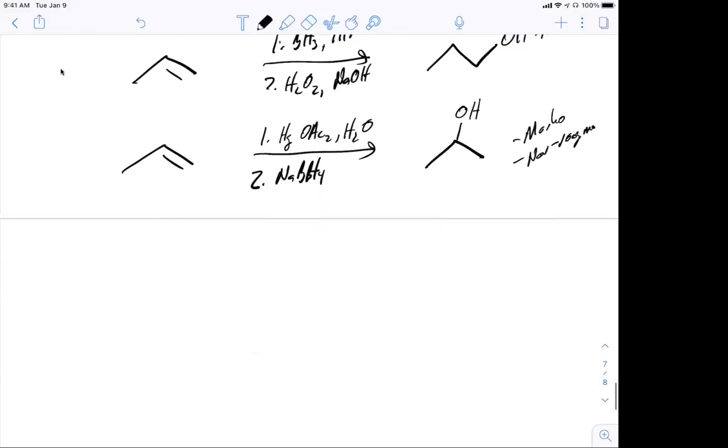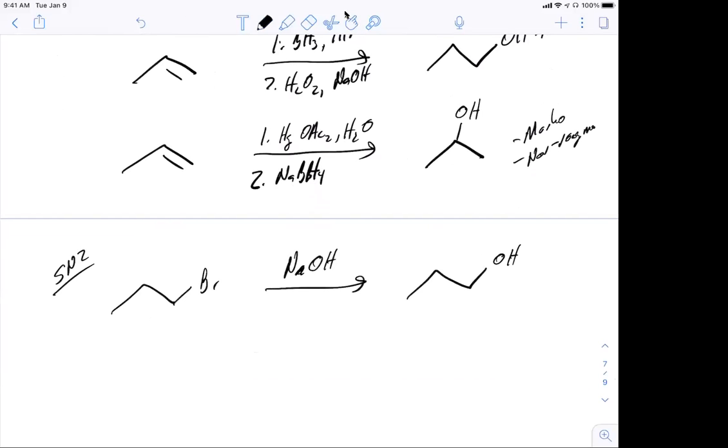We also learned that we can do a nucleophilic attack. So this is an SN2 style process. We might have to worry a little bit about the elimination.